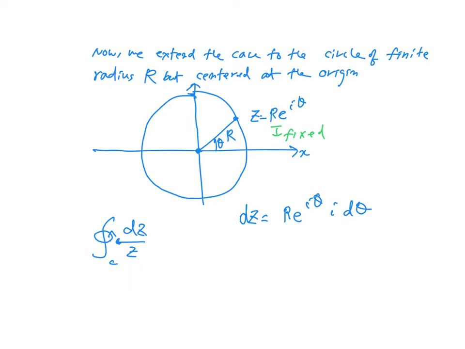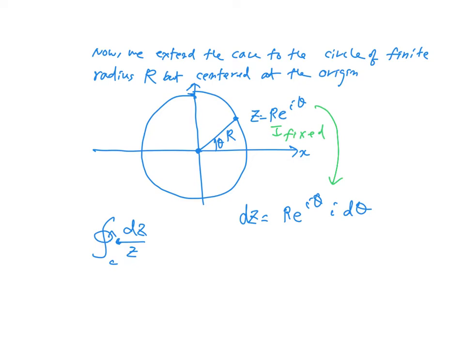I think I forgot something here. When we are considering the point on the circle, which is defined by capital R exponential I theta, this differential dz, since R is fixed and only theta varies, is R exponential I theta, I d theta, right?